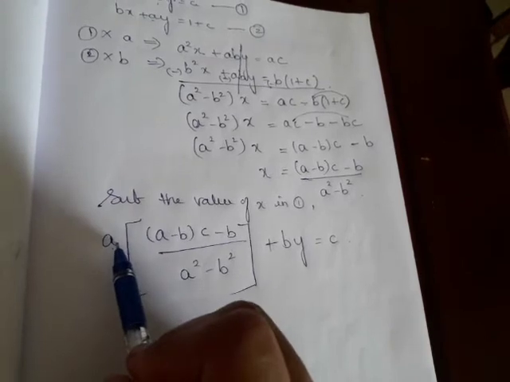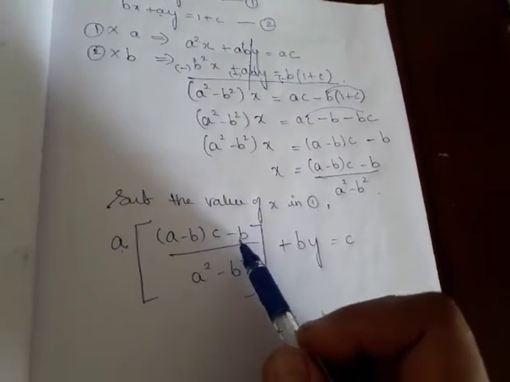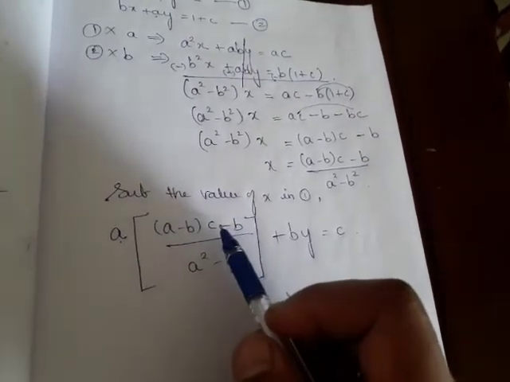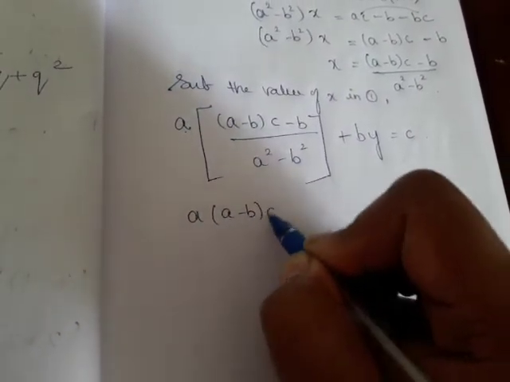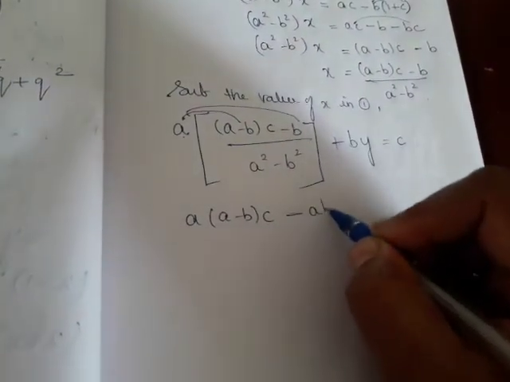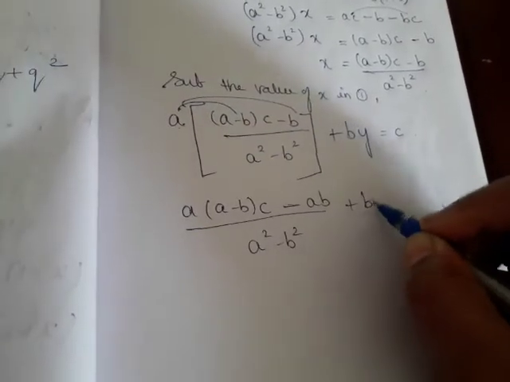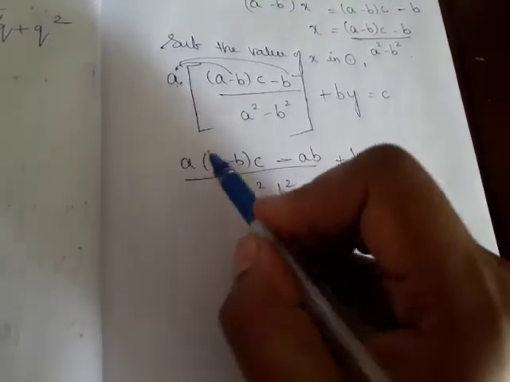This a should be multiplied to the numerator completely, right? I told you when you have a fraction, that number should be multiplied to the numerator only. So if you multiply, what will happen? a into a minus b into c, term by term we need to multiply. Minus ab divided by a square minus b square, plus by equals c. Now multiply this.